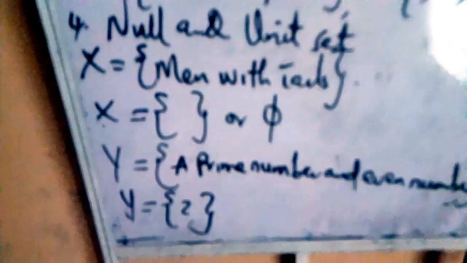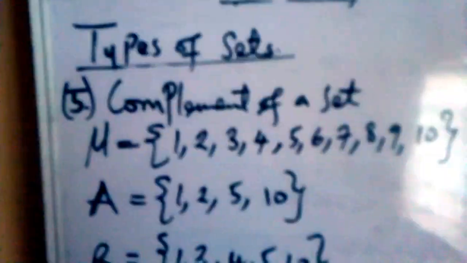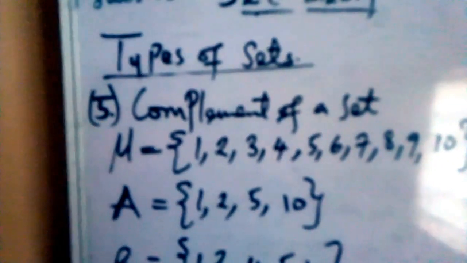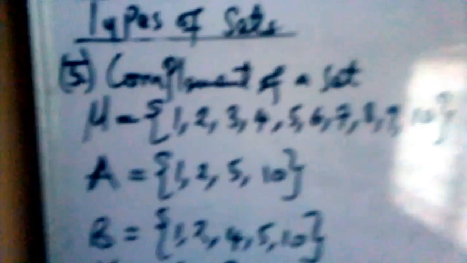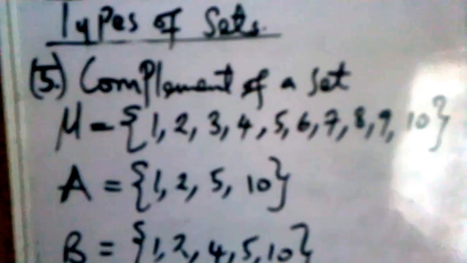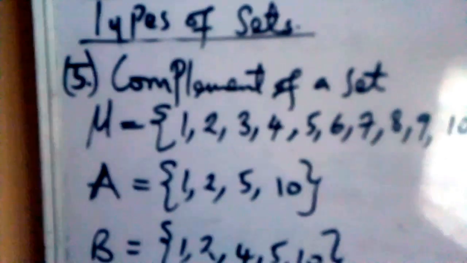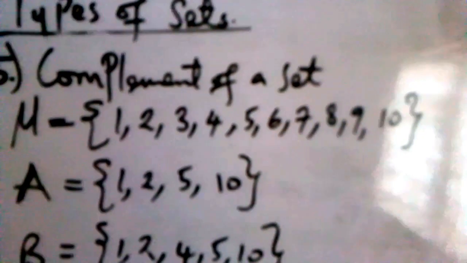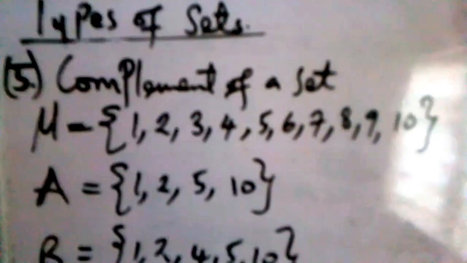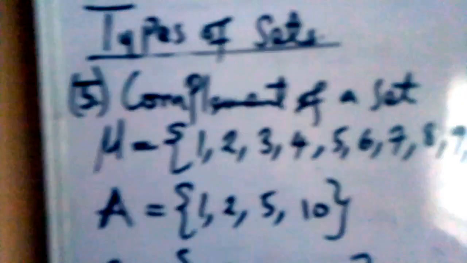So this is the fourth type of set that we have. The last type of set I will be discussing is the complement of a set. Now, let's look at this example so that you can understand it correctly.